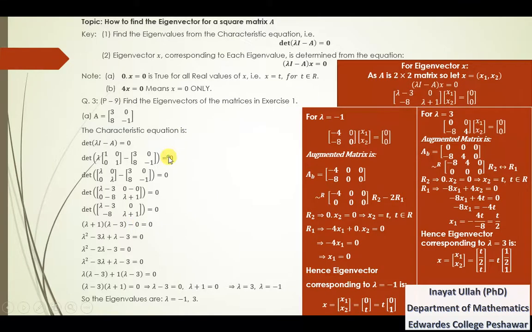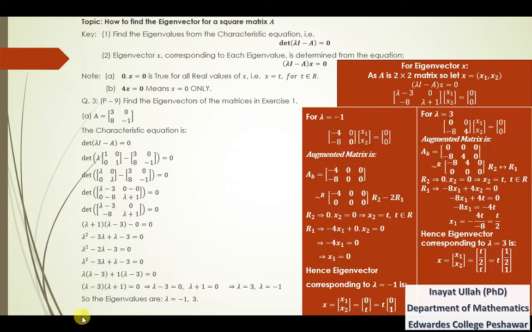This is the value of lambda I minus A, so that is replaced by this matrix, and x is replaced by x1, x2 in column notation. This is equal to 0, which is actually a zero column matrix.